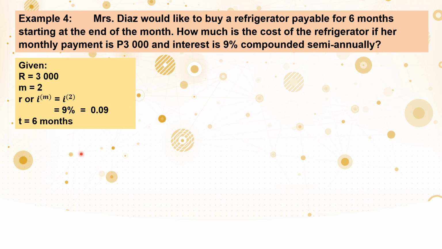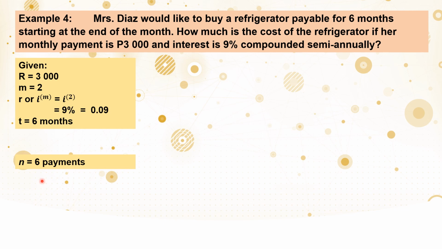In the formula, we need the value of N and J. N now is the number of payments. So, ilang beses magbabayad si Mrs. Diaz is 6 months. So, 6 na buwan magbabayad si Mrs. Diaz.